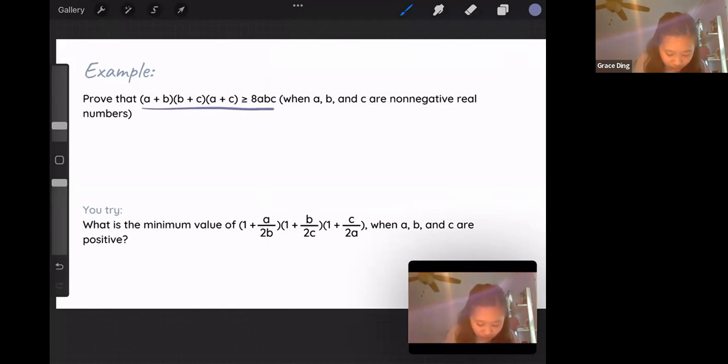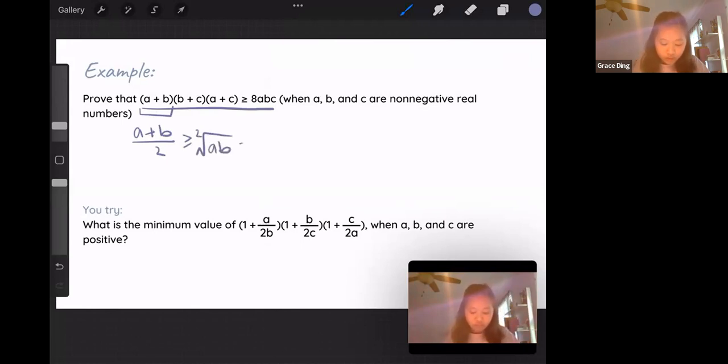So if we just focus on this first part, using AM-GM, we know that this will always be more than or equal to the square root of AB. So that means that A plus B is always more than or equal to 2 root AB. So we kind of have a new thing that we can use.